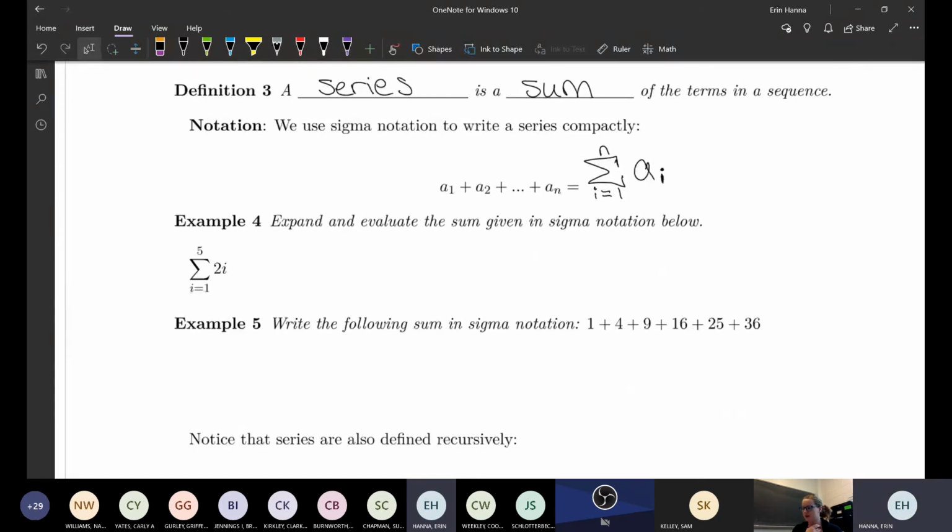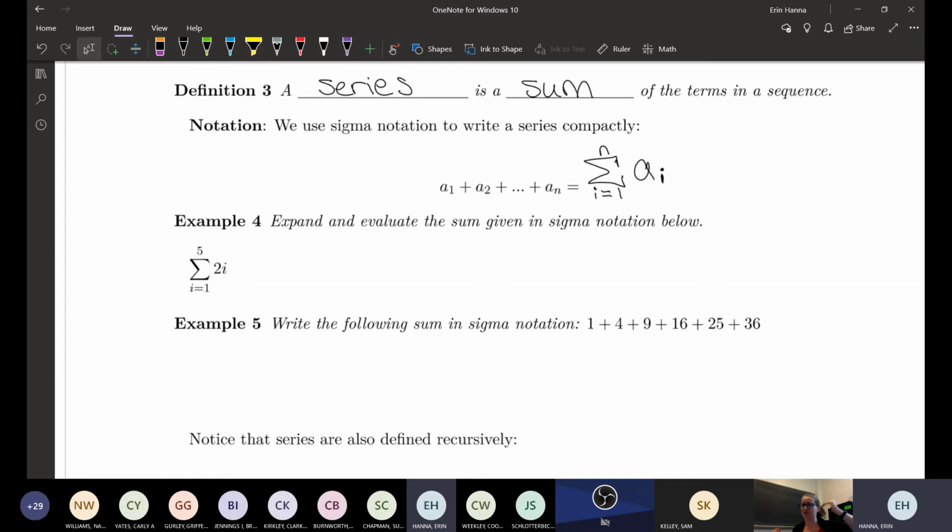Expand and evaluate the sum given in sigma notation. Now we have something in sigma notation and I want to expand it out into its full sum. All of the terms are going to look like 2 times something, and the something starts at 1 and goes up to 5. Another thing that slipped through the cracks: these numbers are only integers. You're not plugging in 1.5 or 2.2.